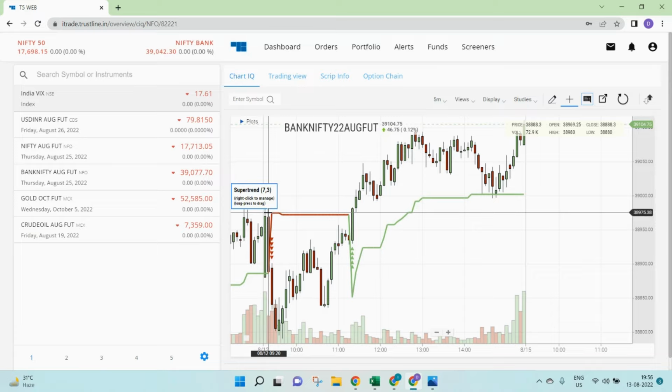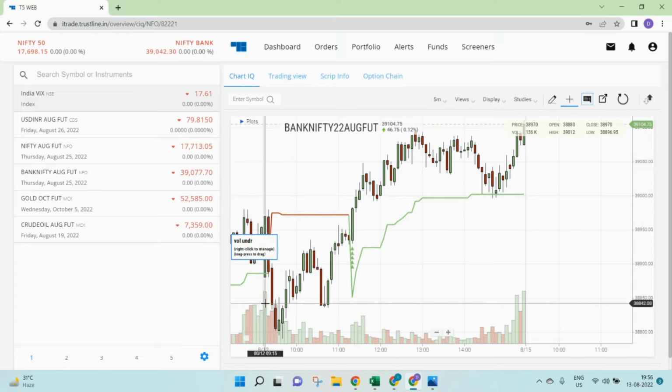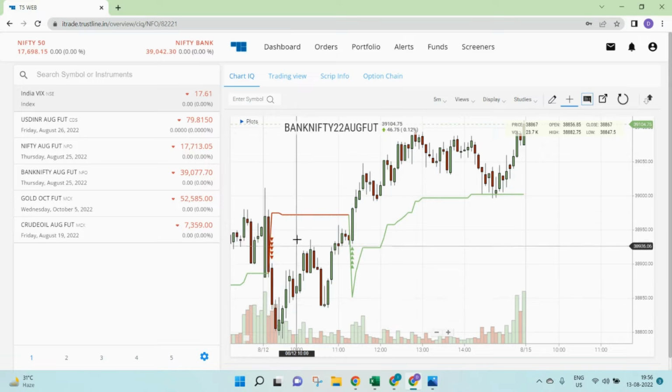So in this scenario, one improvement I have is that we don't enter immediately on the trend reversal on super trend. Instead, we wait for price to retrace or come near to the super trend. This was around a 200 point difference, so I don't want to enter because my risk on the call option will be 200 points of underlying movement. I don't want that much risk.